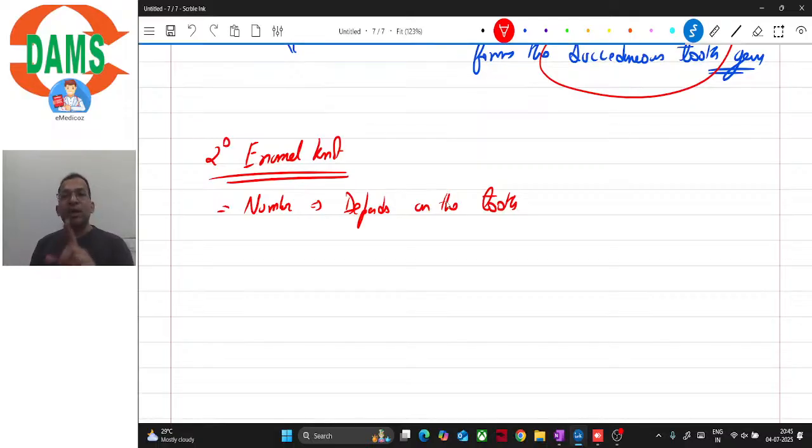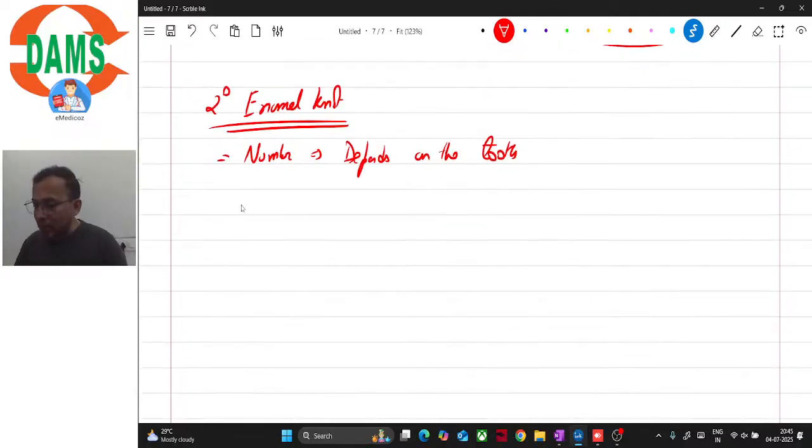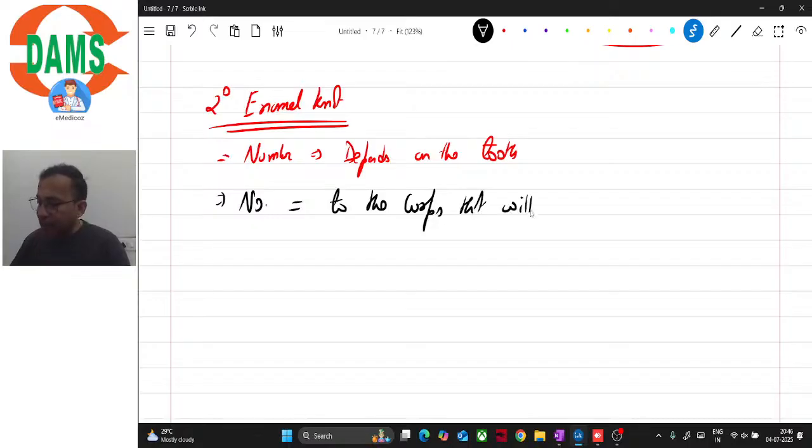There would always be a single primary enamel knot. But the number of secondary enamel knots depends on the tooth that is going to be formed. So their number is equal to the cusps that will form on the tooth.